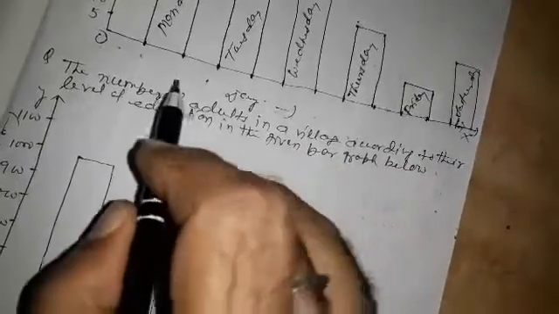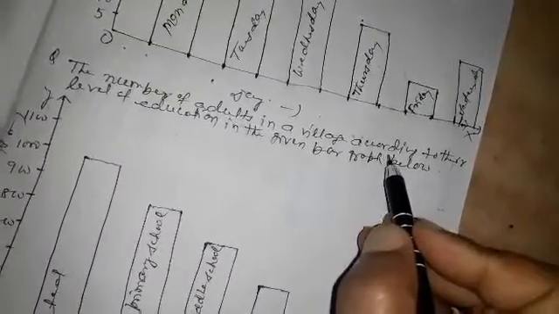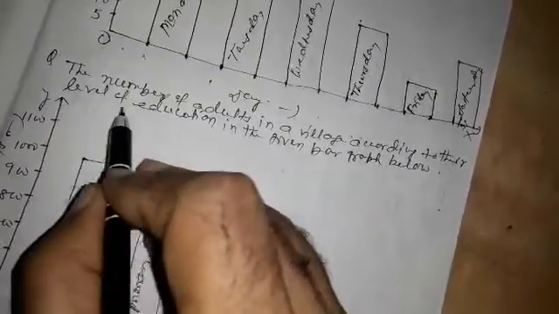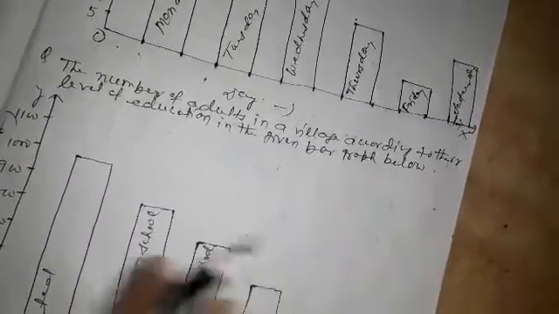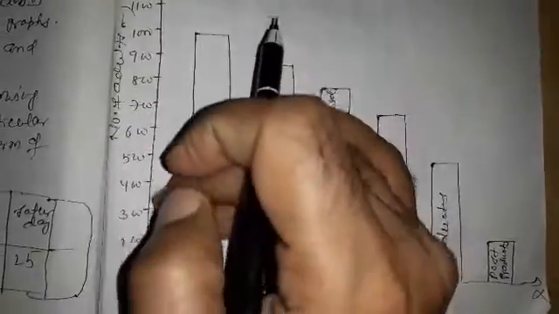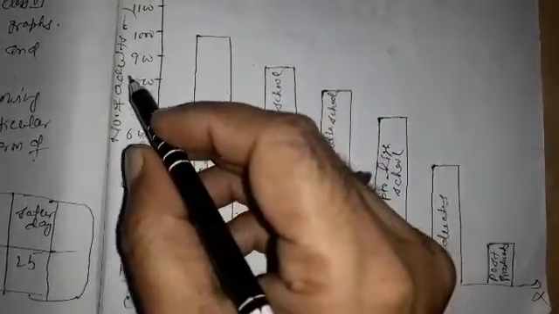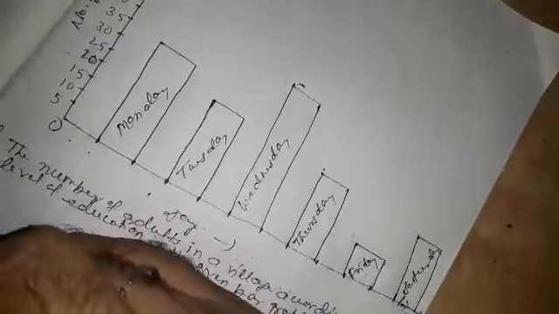Now, the next question: the number of adults in a village according to their level of education is given in the bar graph below. Here the bar graph is already given. The x-axis denotes the level of education, and the y-axis denotes the number of adults.